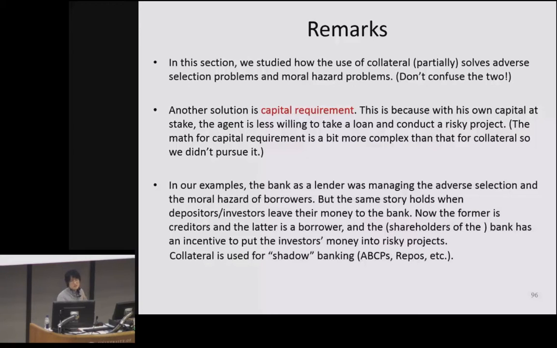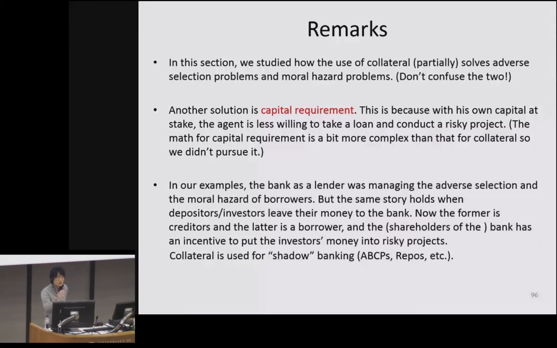Still, with such an equity requirement, the moral hazard problem does not completely go away because borrowers still have some limited liability. If the project turns bad, if the project becomes nothing, then what? The loss of the borrower is £20, the loss of the lender is £80.